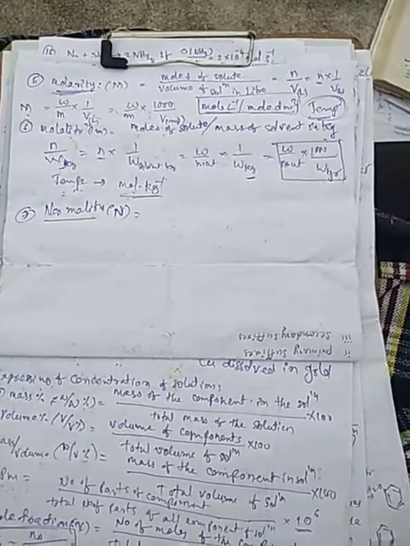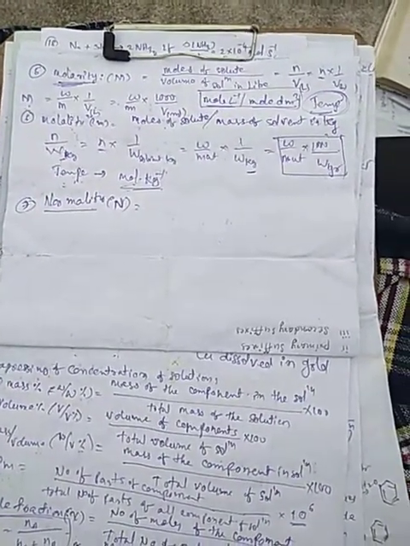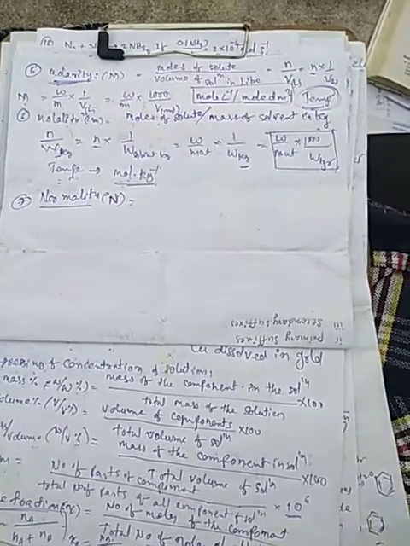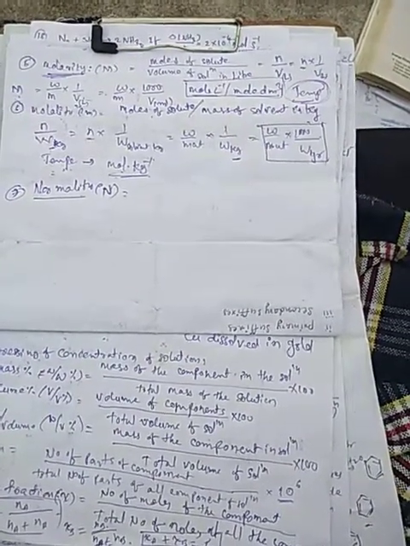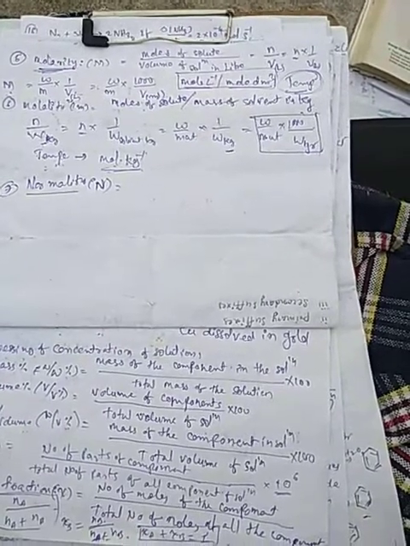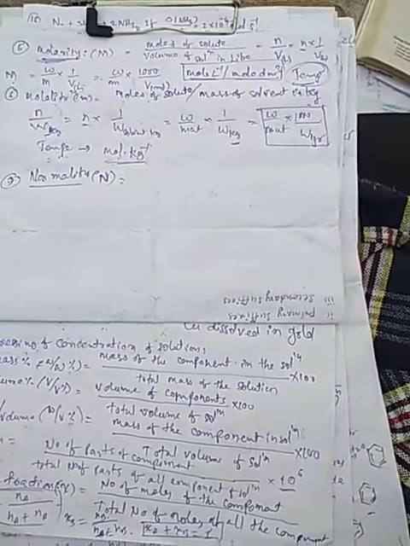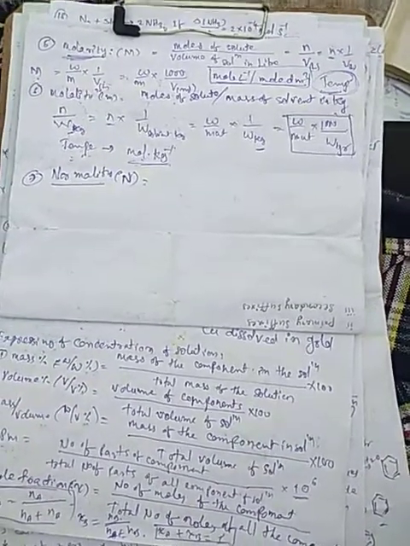We can define it as the number of gram equivalents of solute dissolved in 1 liter of solution is called normality. I am going to repeat the statement: the number of gram equivalents of the solute dissolved in 1 liter of solution is called normality.